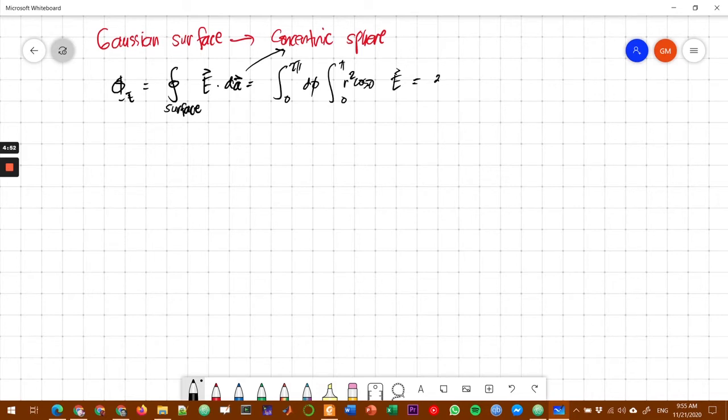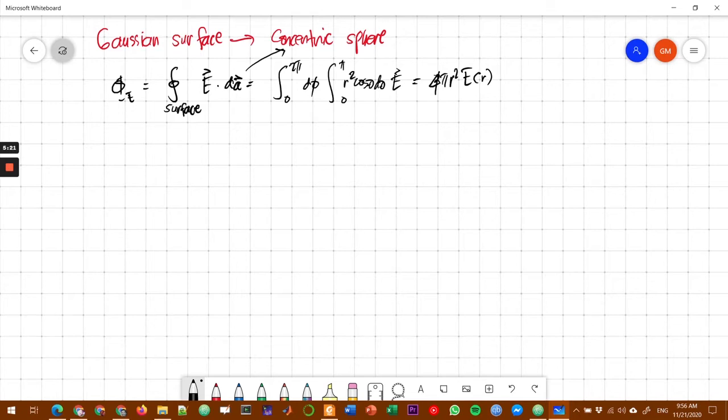So we have 2 pi r squared E. I'm sorry, for the integration, this would be 2 pi, and integrating the cosine theta d theta gives 2. So this would be 4 pi, and this is 4 pi r squared E of r.